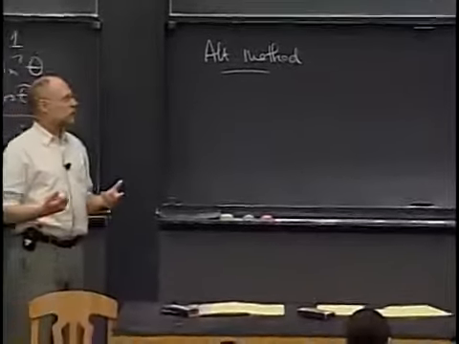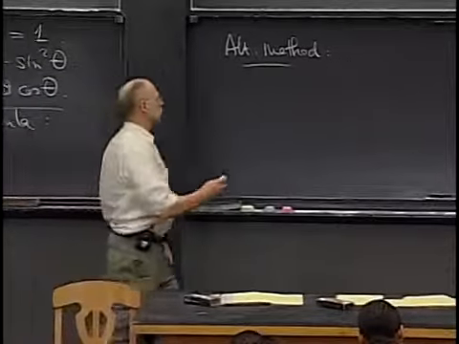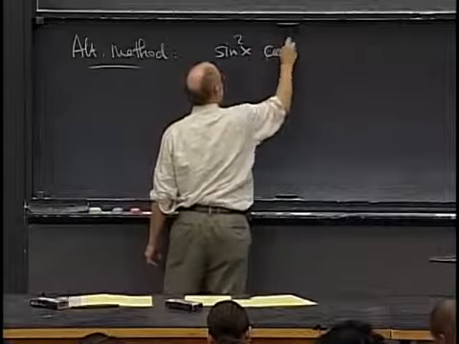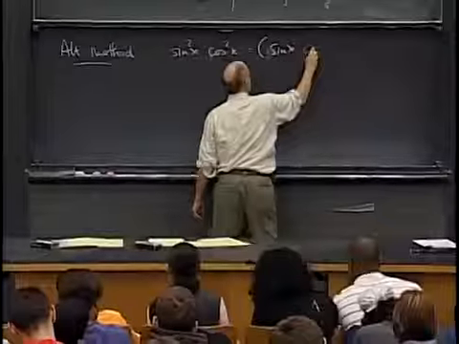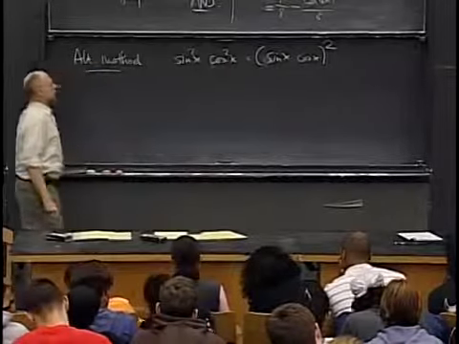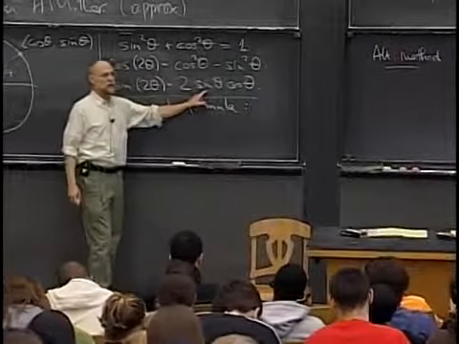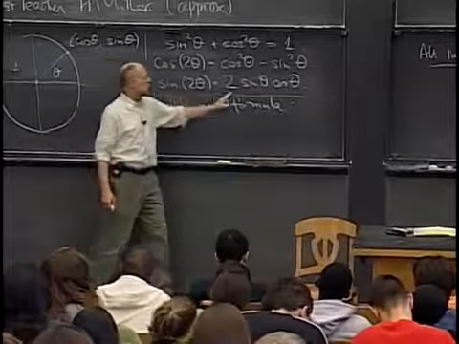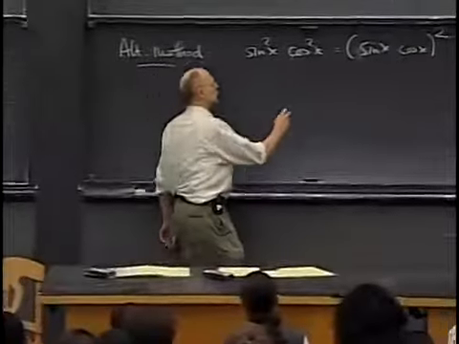I'm trying to deal with sine squared times cosine squared. Well, that's the square of the sine of x times the cosine of x. And the sine of x times the cosine of x shows up right here in another trig identity. So we can make use of that too. That reduces the number of factors of sines and cosines by 1, so it's going in the right direction.